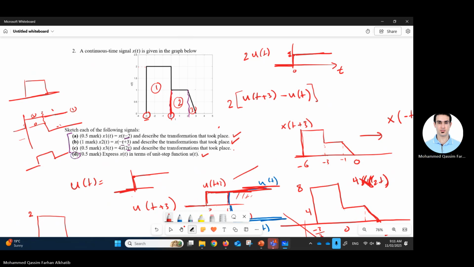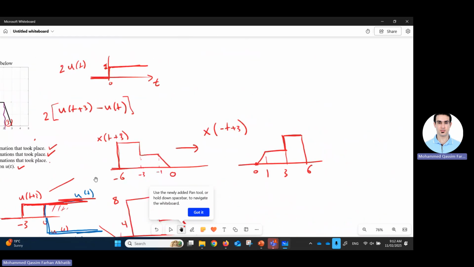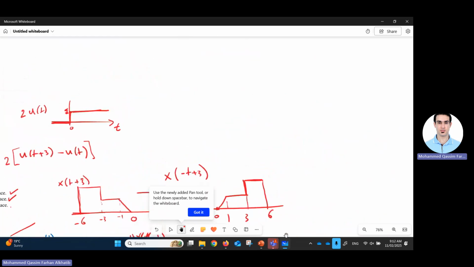Or if you want to express it in rectangular form, but I don't think it's necessary. If you remember the rectangular form, rect of t over T was something like this, from negative T over 2 to T over 2.